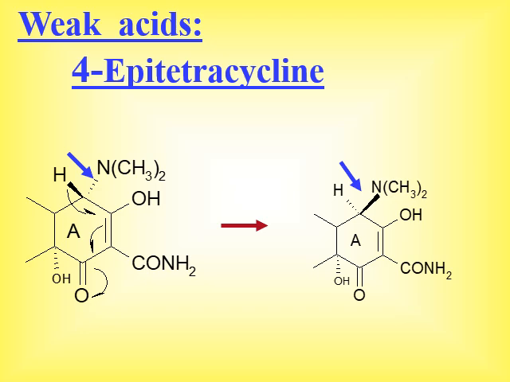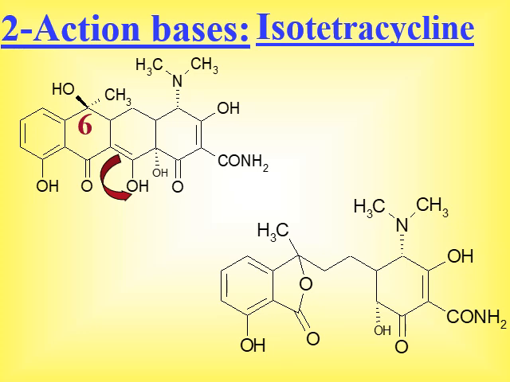So it is not recommended for 2 reasons. It is inactive and can form in strong acid 4-epianhydrotetracycline, which is nephrotoxic. Here we show the action of acid, either weak acid or strong acid.